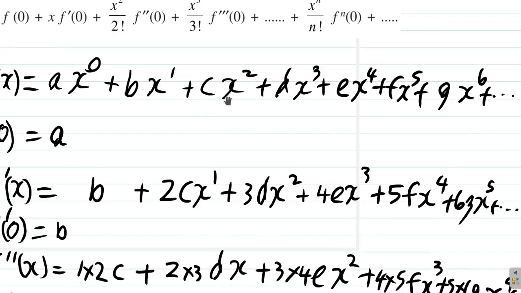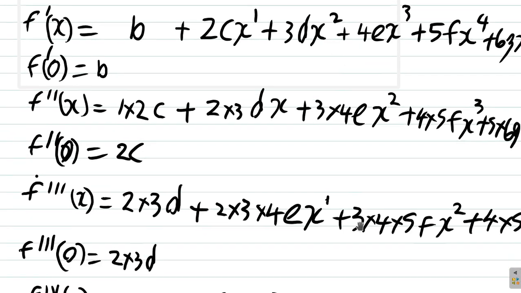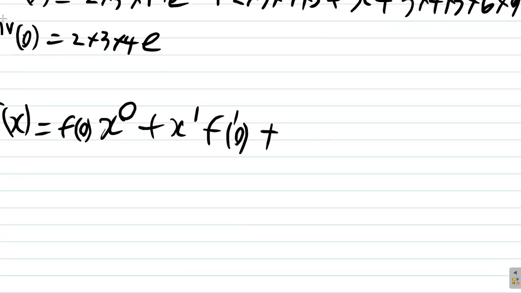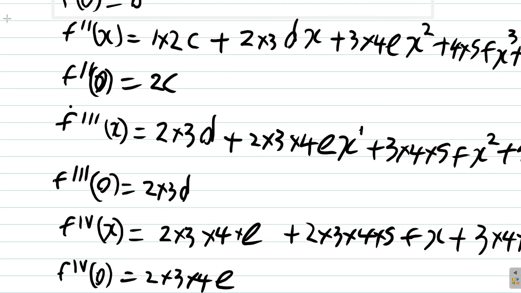Now we said we have cx squared. Let's put it as x squared c. Now what is c? Notice we have f double prime of 0 is 2c.